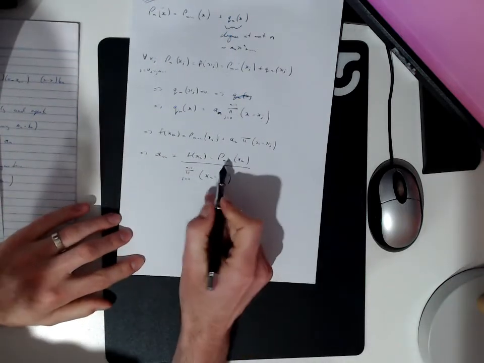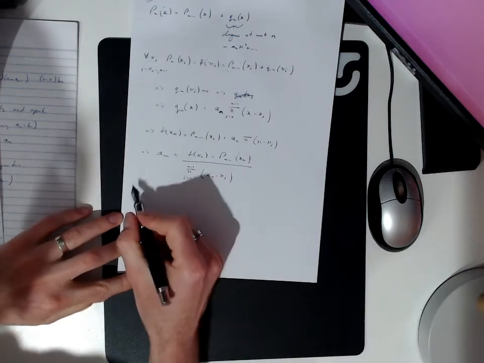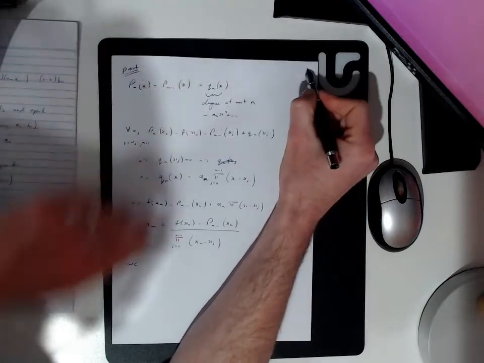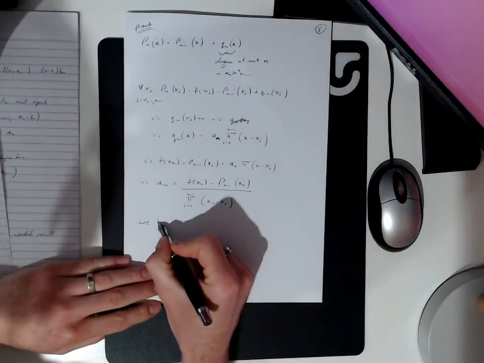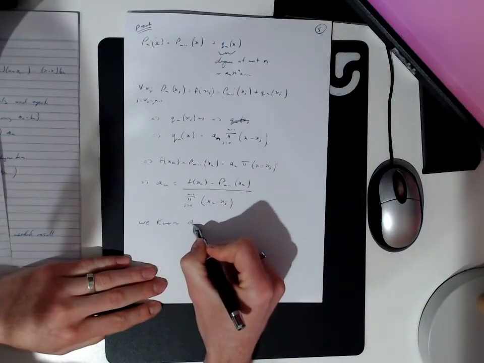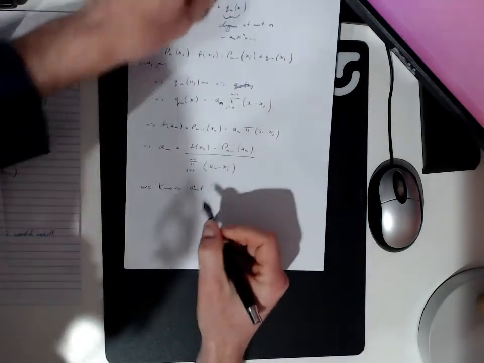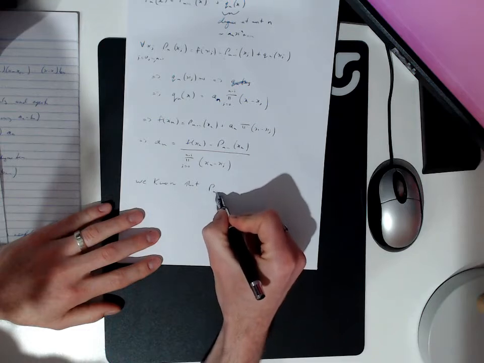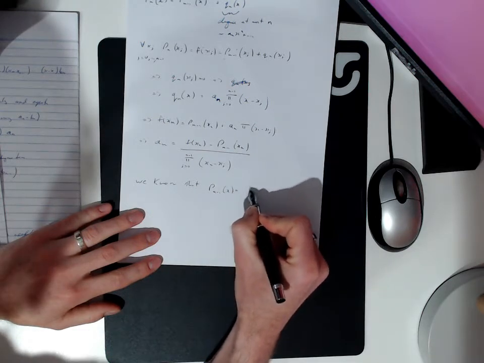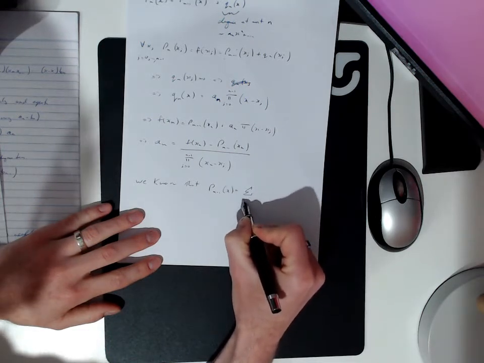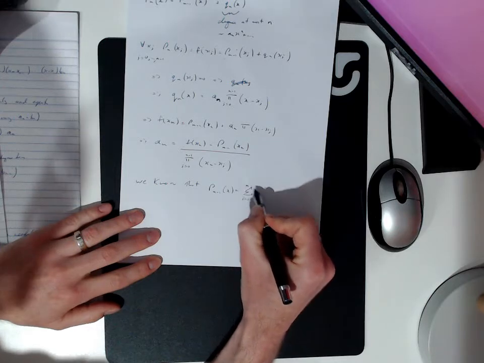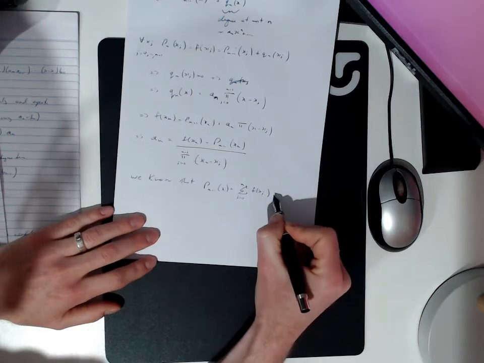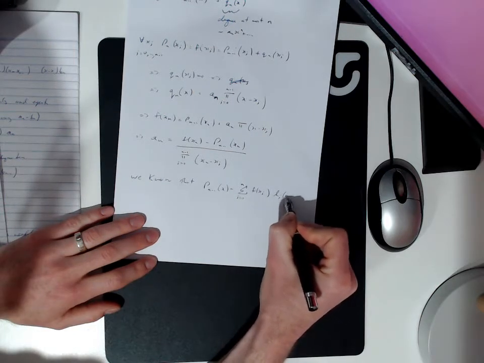Now we know what the Lagrange interpolating polynomial looks like. So we know P_{n-1}(x) is equal to the sum j equals 0 to n of f(xj) times the jth interpolating polynomial.